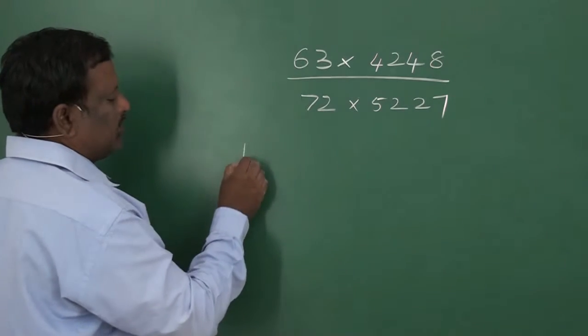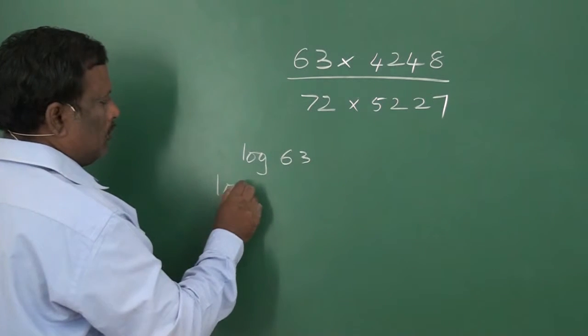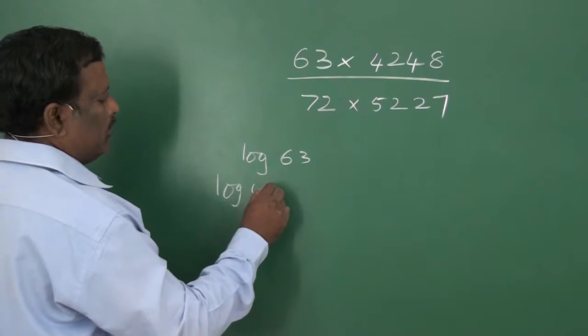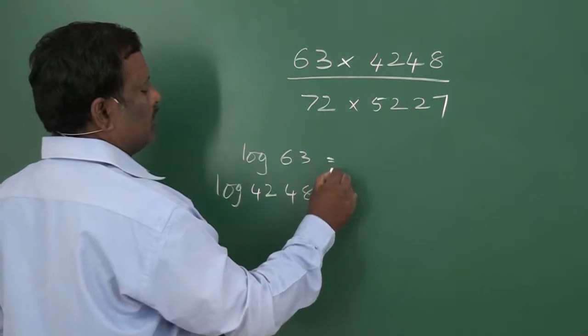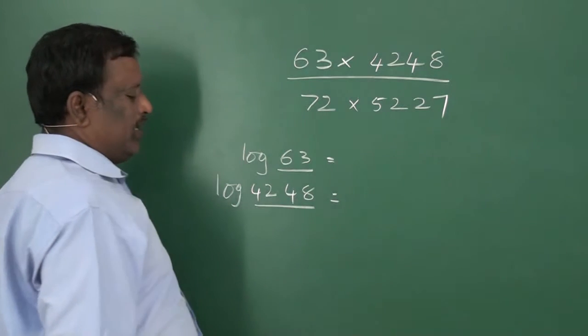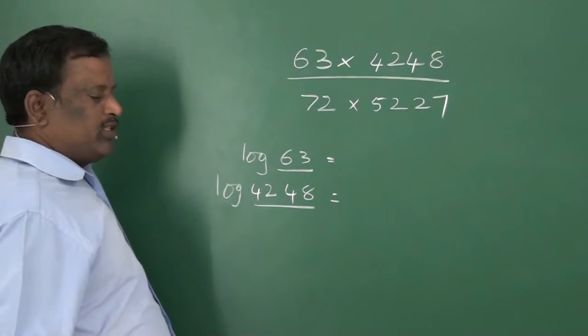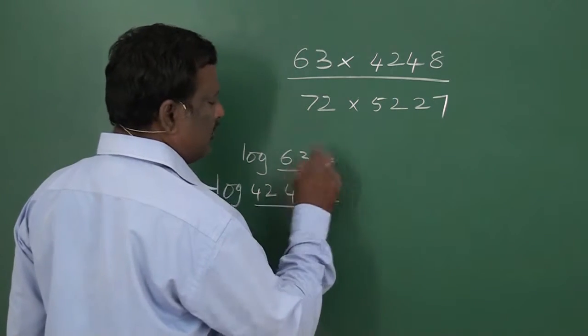So, log 63, log 4248. Log 63 is a 2-digit number, 4248 is a 4-digit number. So for log 63 the characteristic is 1, because 2 digits are there.